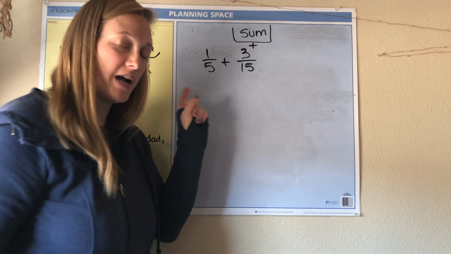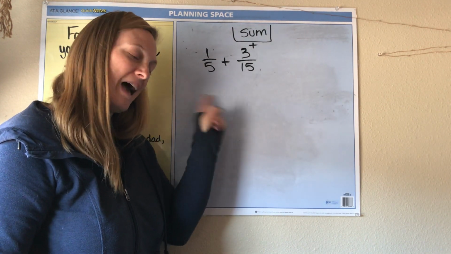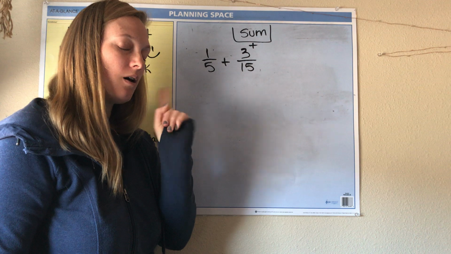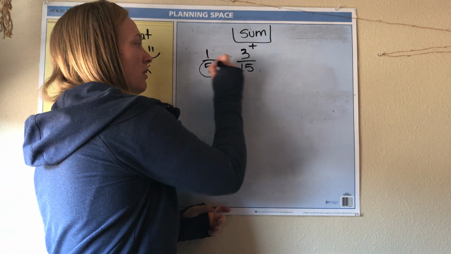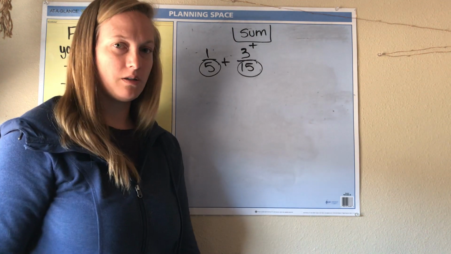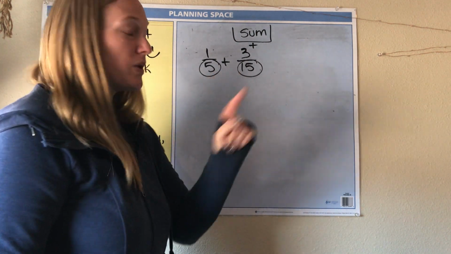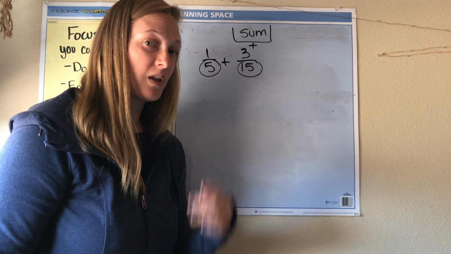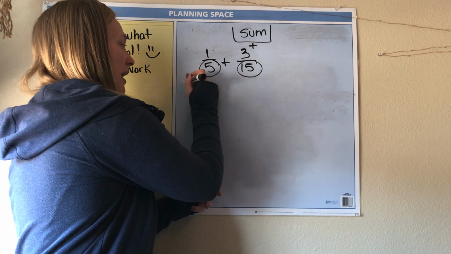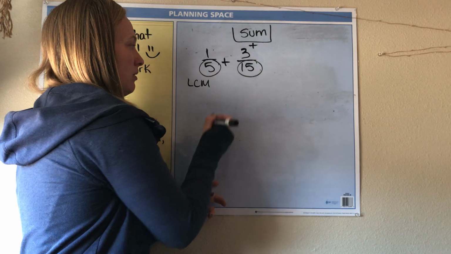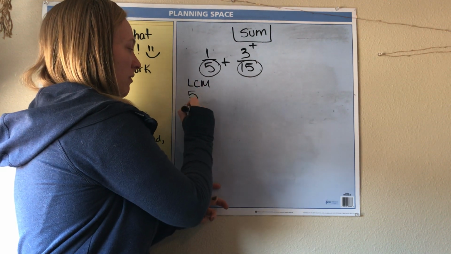Okay, looking at the fractions as is. Can we add them as is? Hopefully you're saying no, we cannot because we have unlike denominators. First, we need to find our common denominator. I'm going to do that by finding the least common multiple, or the LCM, of 5 and 15.